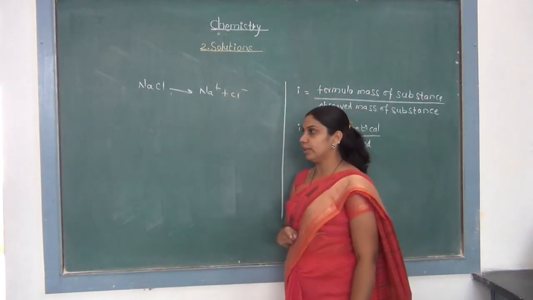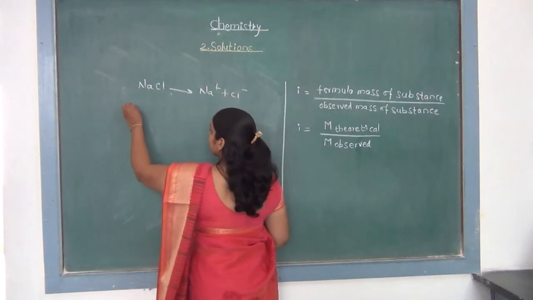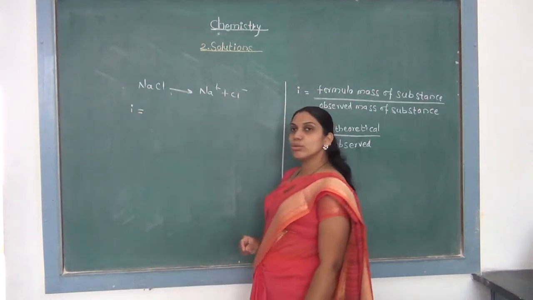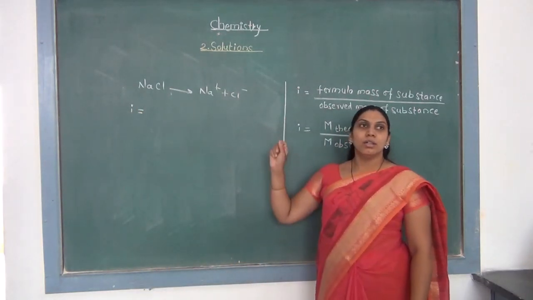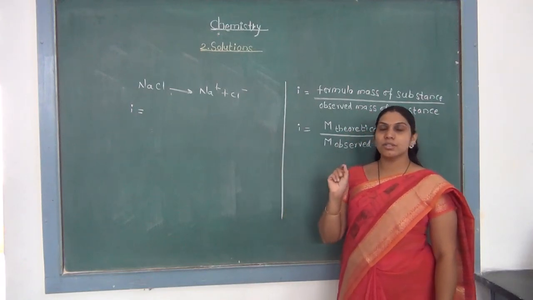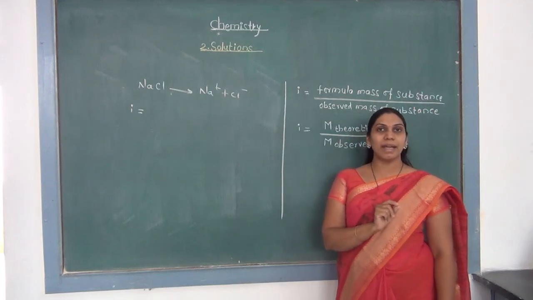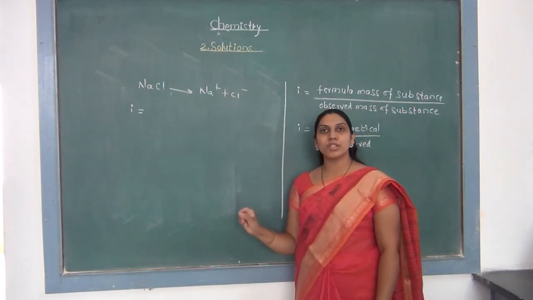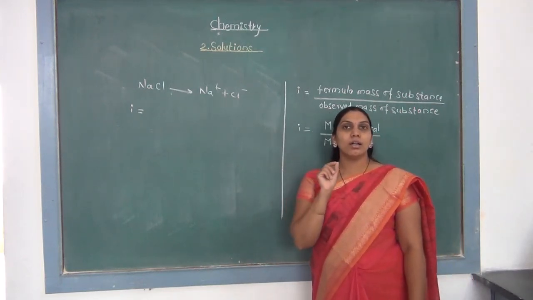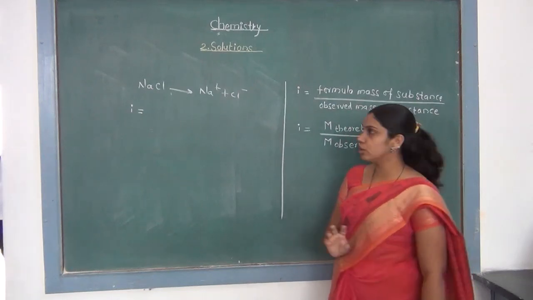According to the formula of Van't Hoff factor, i is equal to actual moles of substance after dissociation divided by the number of moles of substance dissolved in the solution.